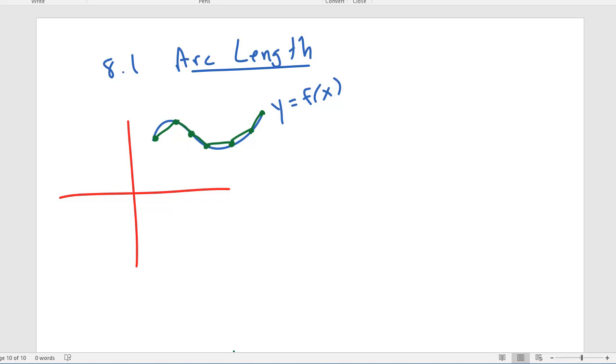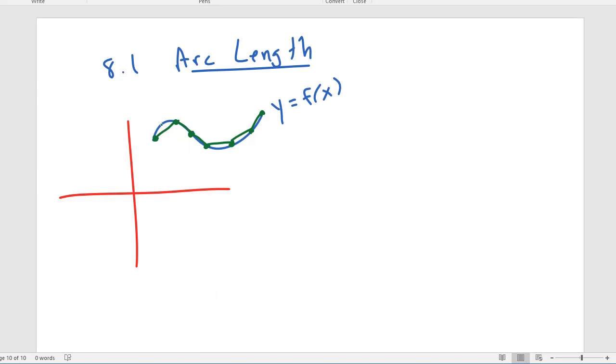And before we get to that limit, let's think about what the length of each of these line segments is. The length of this first line segment estimates the length of the curve. Again, it's not the best estimation over that segment. But then the distance between the points on the next line segment is a pretty good estimator of the length of the curve. Again, the more and more line segments we use, the better the approximation is going to be.